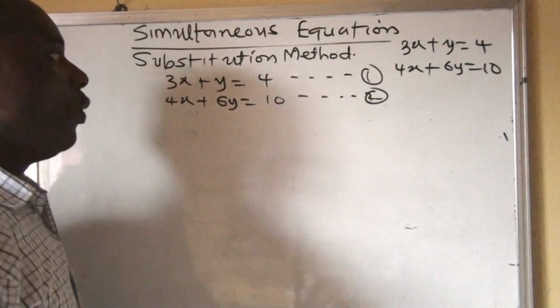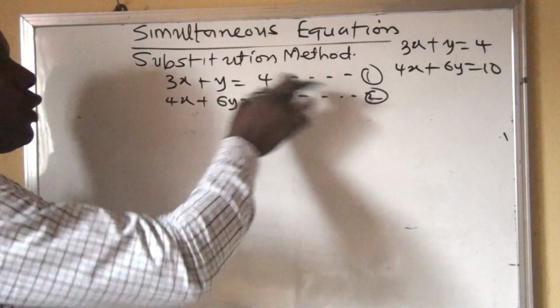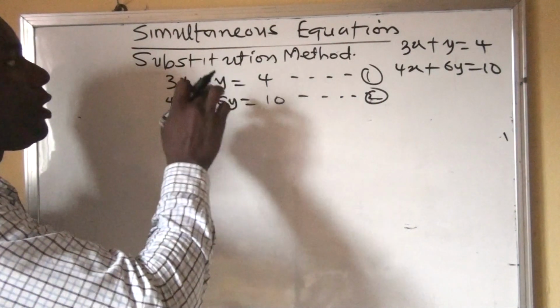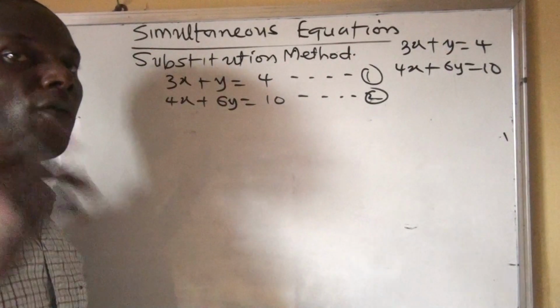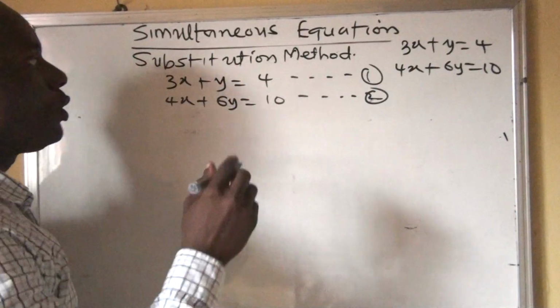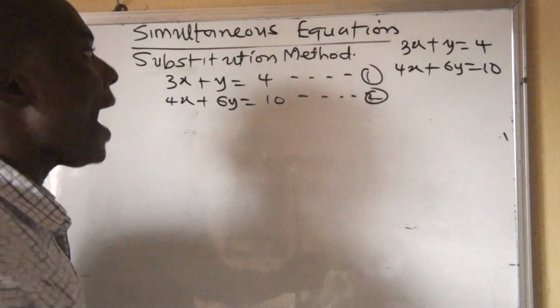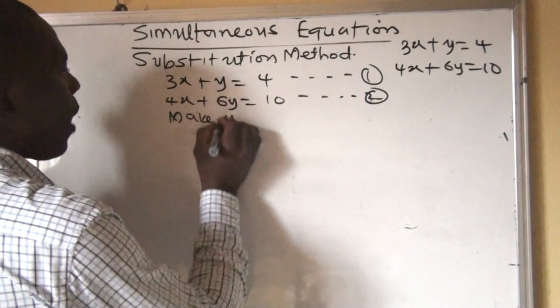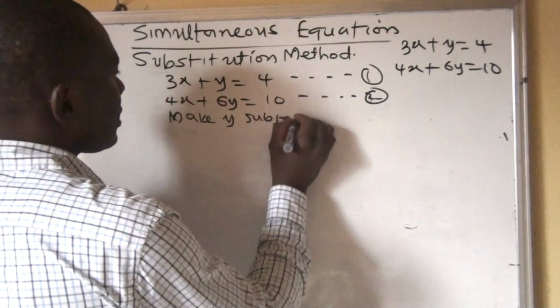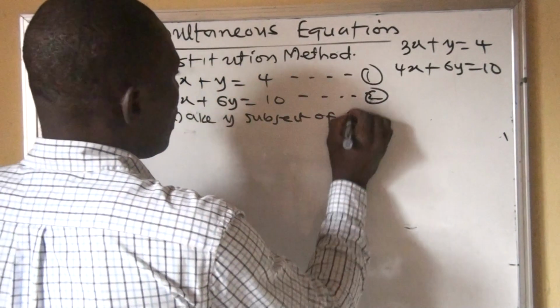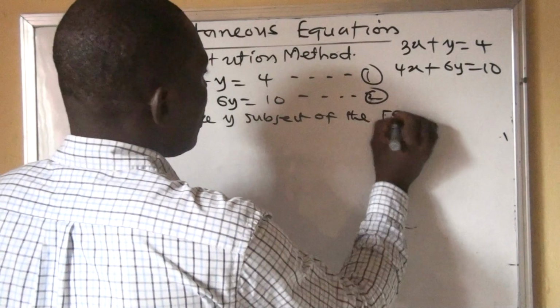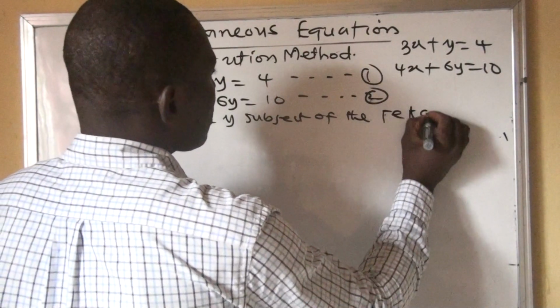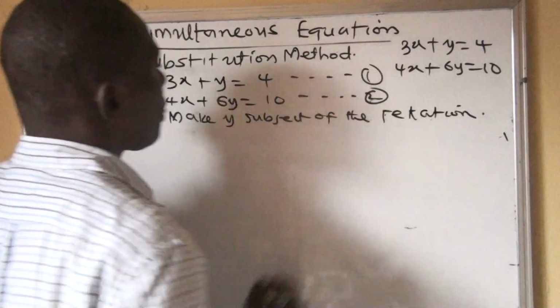You choose which one to make subject and from which equation. From here we're going to use equation 1 and make y the subject of the relation, or subject of the formula.